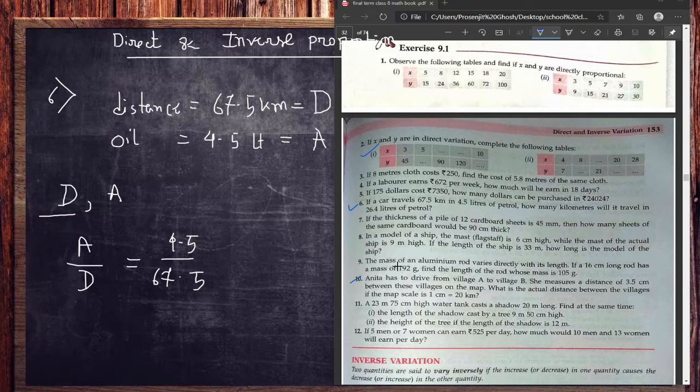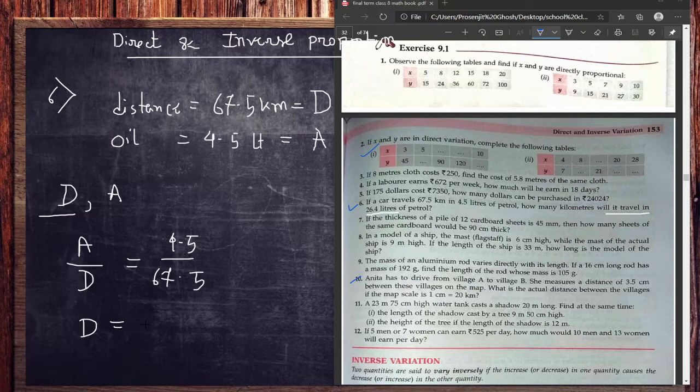All right. Now what is given over there? If we travel with 26.4 liter of petrol, then how many kilometers will we travel? So this time the value of petrol is given. That means A is given. Let me arrange it a little bit.